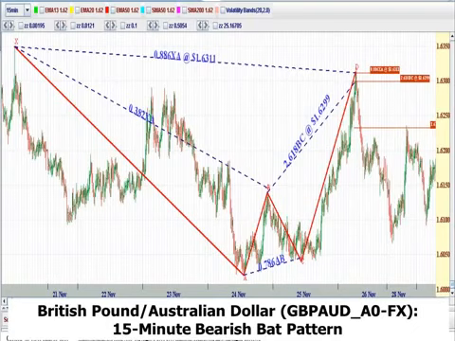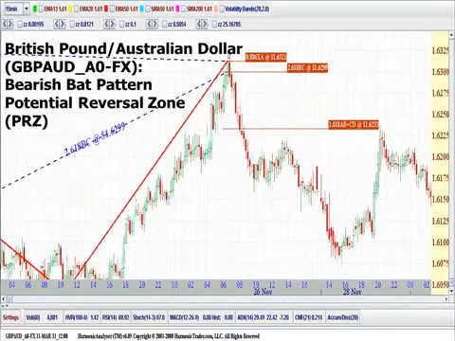Although the 886 is a mandatory number that must be tested, these 3 measurements came together to define a rather wide potential reversal zone, but that's okay because we're really focused on the 886 XA retracement. Although the other numbers, the ABCD component and the BC extension, should complement this area, the fact that the 886 marked the top end of the resistance was key in this trade.